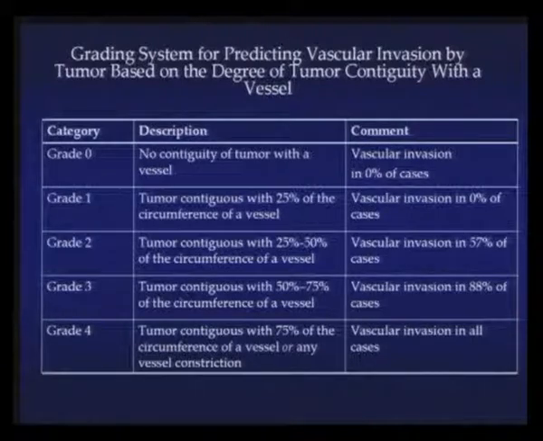Of course, we need multi-slice equipment. 16 slices are enough, 64 are better. Why? Because the vessel invasion assessment must be done with axial scans, but also with multiplanar reconstruction and volume rendering. So we need quick equipment to avoid movement artifacts to obtain good multiplanar reconstruction.